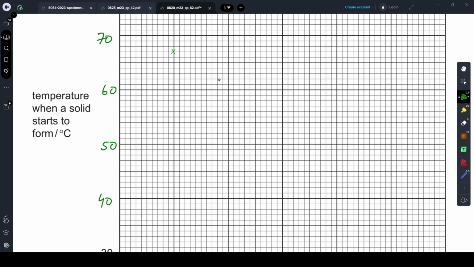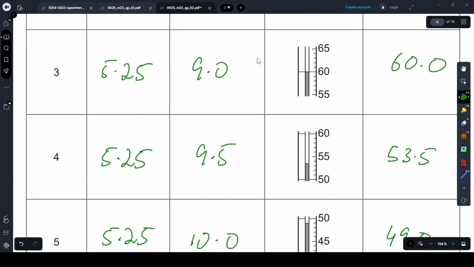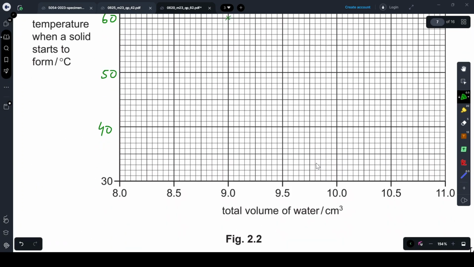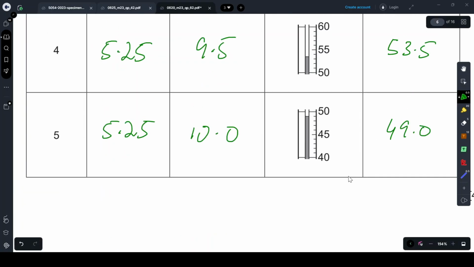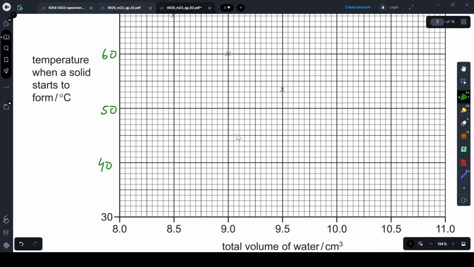Then at 9, it was 60, so that's over here. Then you've got 53.5 for 9.5, so that's 9.5 and 1, 2, 3, and 53.5 over here. And then 10 is 49, so 49 up here.